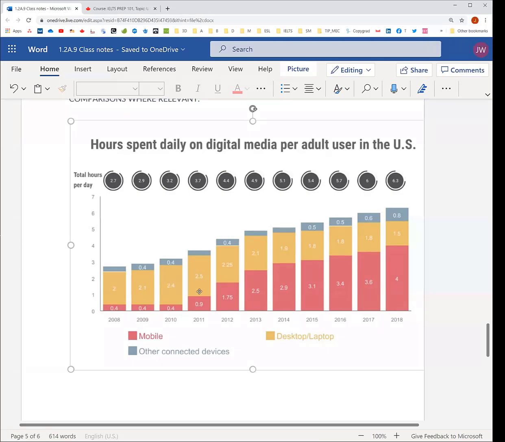So how do you find those numbers? Yep. If you look at the first one for 2008, 2 for computers, 0.4 for mobile, that's 2.4. And then 2.7 total minus 2.4 equals 0.3.